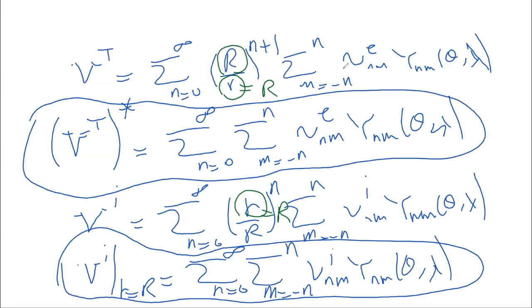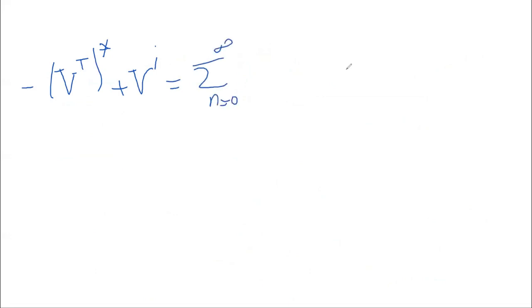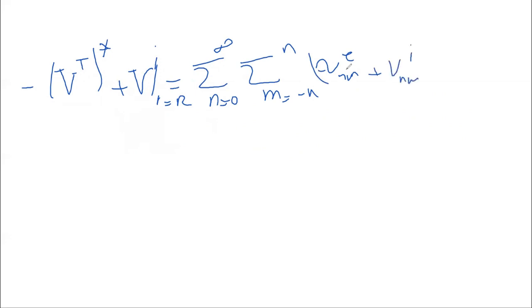So if I subtract them, for example, if I write topographic bias, minus this plus V internal, will be the summation from 0 up to infinity, R over r, summation minus n to n, V_nm external minus n plus V_nm internal, Y_nm, theta and lambda.